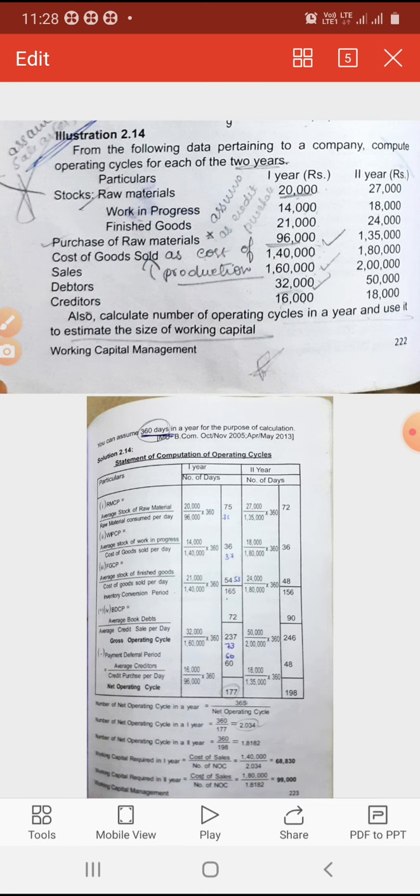So this is how you have to compute the operating cycle; use the information given and calculate. Here credit purchase was not given, so we have taken the purchase of raw material as credit purchase. Cost of production is not given, so we take cost of goods sold as cost of production and cost of sales.